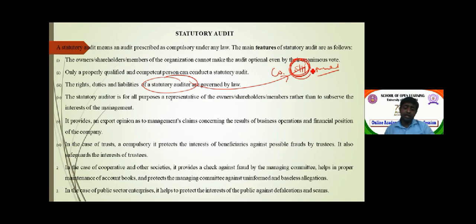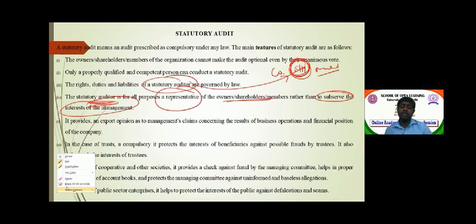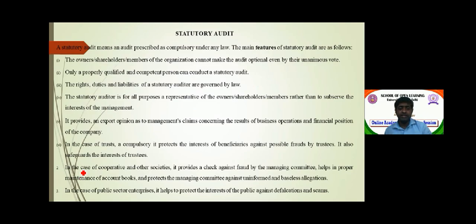Whatever amount of capital is contributed by the shareholders, the statutory auditor not only keeps an eye on that amount, but also considers whether it is being used with due diligence. So the statutory auditor is a representative of these people rather than of those who are managing or controlling the company, like the board of directors, manager, managing director, CEO, etc.